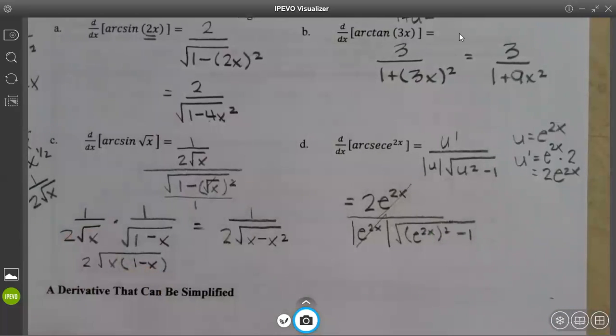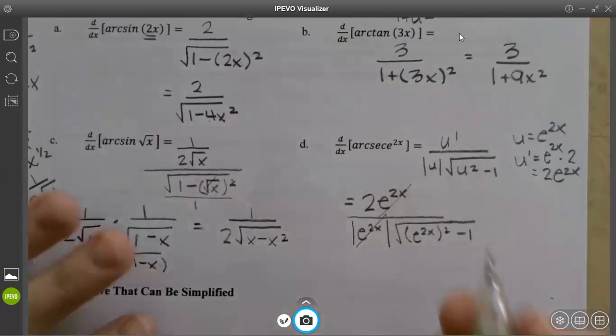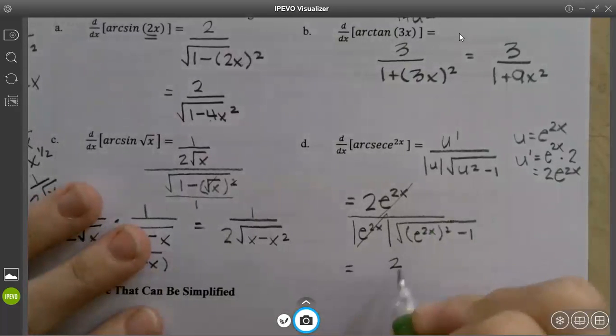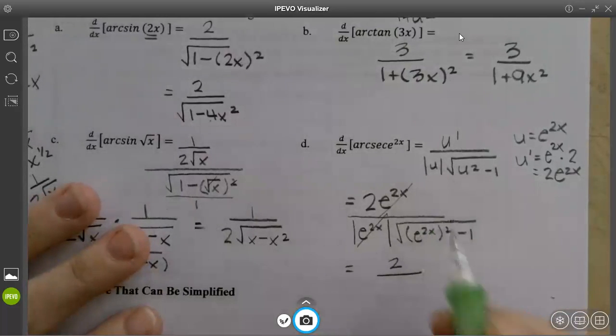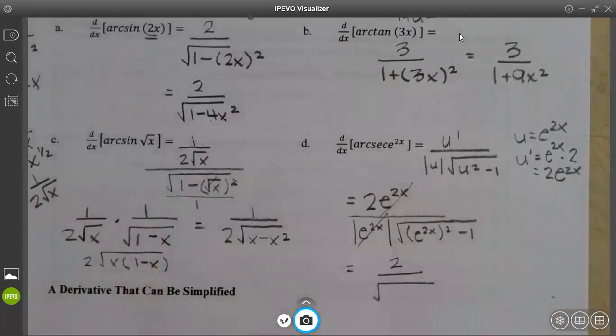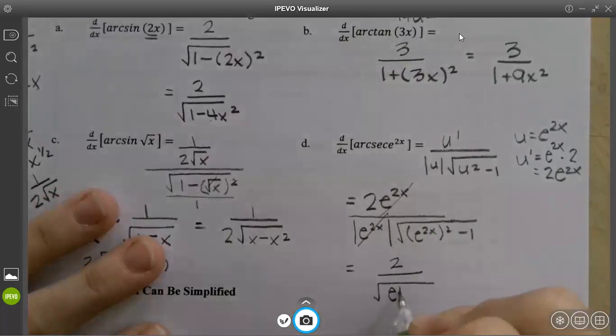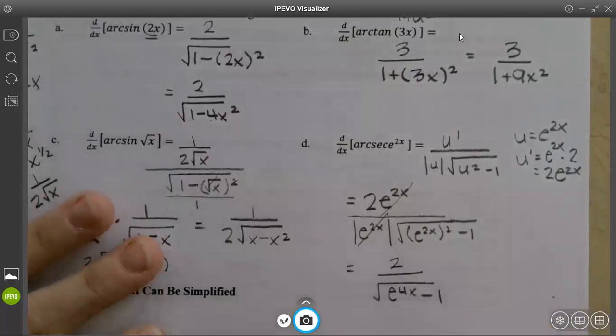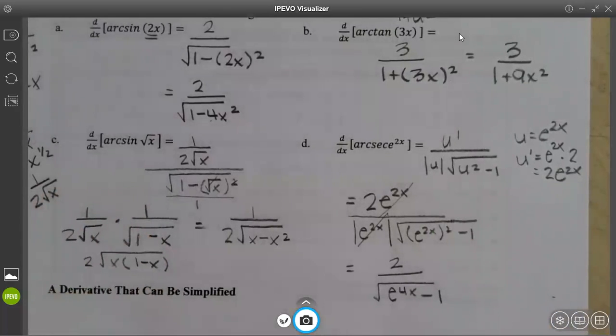I can cancel those out. Is everybody okay with that? Clean it up just a little more: 2 over, what's e to the 2x squared? e to the 4x, minus 1. That's your final.